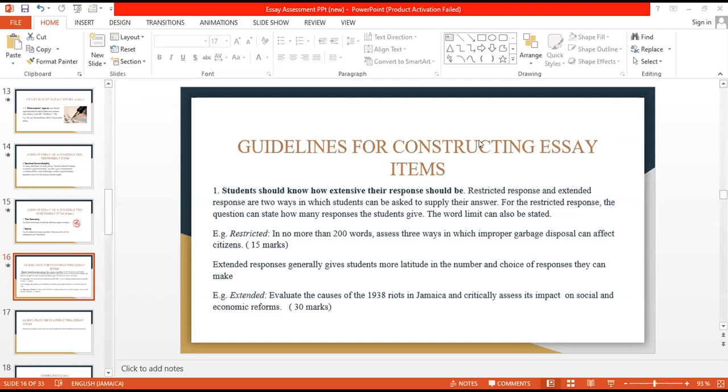You could also say A, evaluate the causes, B, critically assess. They could use A and B. Yes, you could. But sometimes you want it to be like one thing and not be too broken up. So you put it in 2 sentences, but not necessarily in 2 parts.